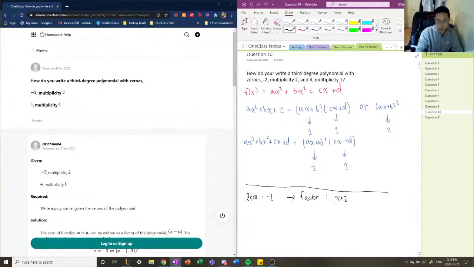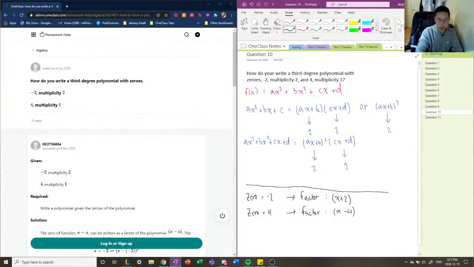Because when x is equal to -2, it's equal to 0. So this is our first factor, x plus 2. All right, so if the zero is equal to 4, the factor will then equal x minus 4, right? Because when x equals 4, this factor equals 0.